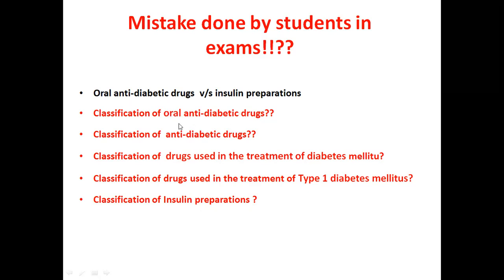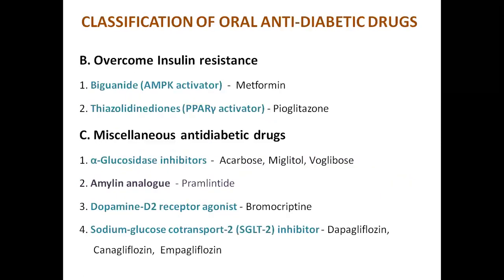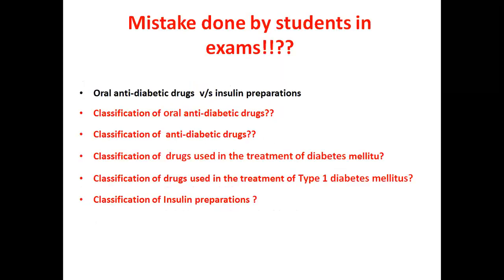Kindly make sure whether the question asks for oral anti-diabetic drugs, or only anti-diabetic drugs. If the question asked is classification of oral anti-diabetic drugs, then you have to write the drugs which enhance insulin secretion, which overcome insulin resistance, and miscellaneous anti-diabetic drugs.